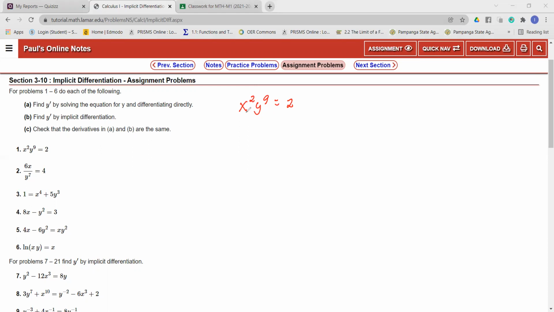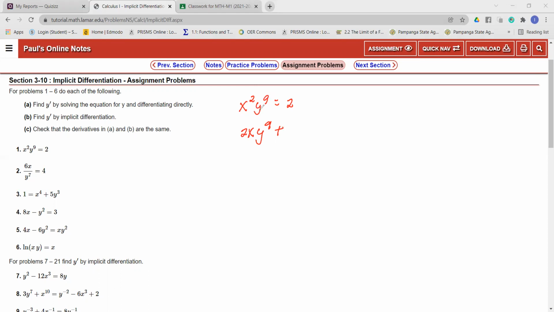Okay? So, the derivative of the first, since with respect to x tayo, will be 2x, times the second. So 2x multiplied by y to the 9. Tapos plus, derivative naman ng second times the first. However, look at this one.